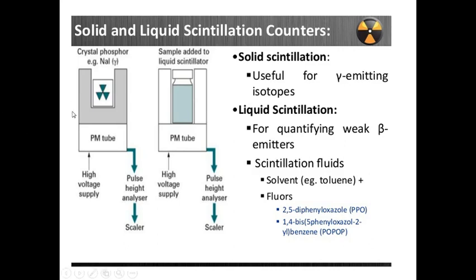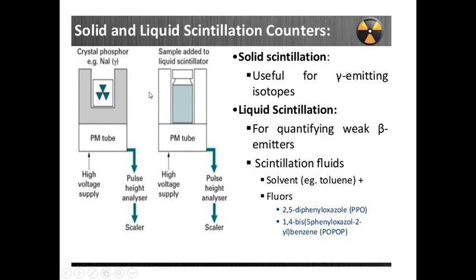You can see this one is the solid scintillation counter, in which this is the scintillation chamber where we can keep the solid material, solid crystals of fluorescent material. This chamber is connected with the photomultiplier tubes, high voltage is provided, and the pulse is analyzed. So this is the solid scintillation counter.